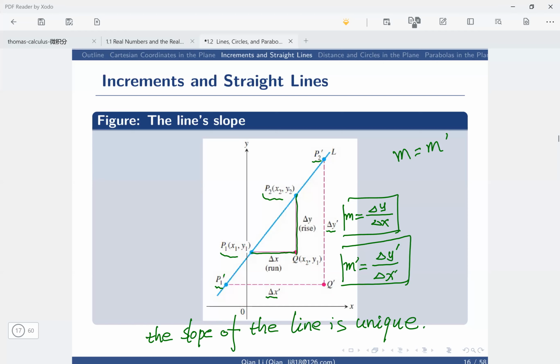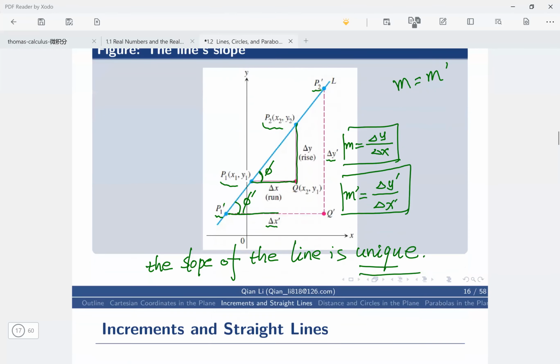Okay, in the following, we will define this angle. This angle is called the angle of inclination of this line, and this angle phi is equal to this angle phi prime. So the slope of the line is unique.